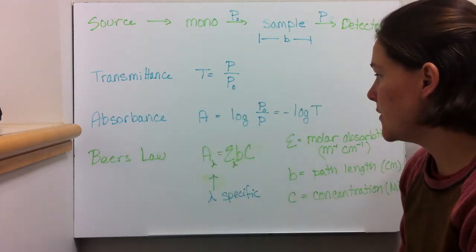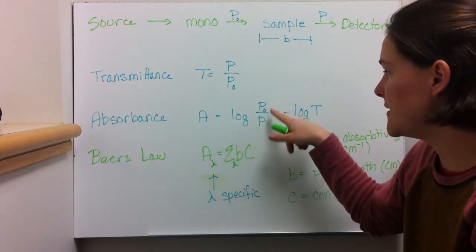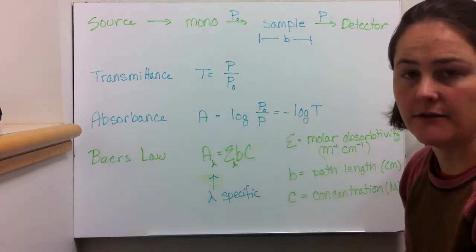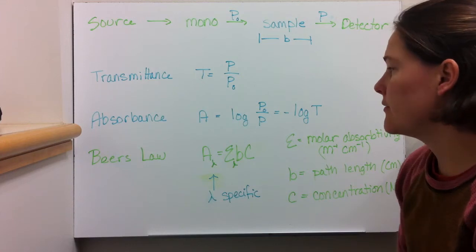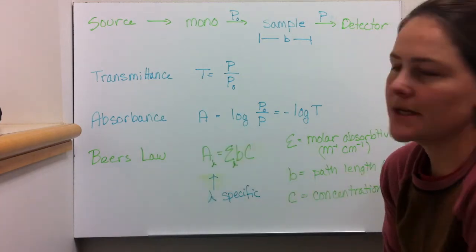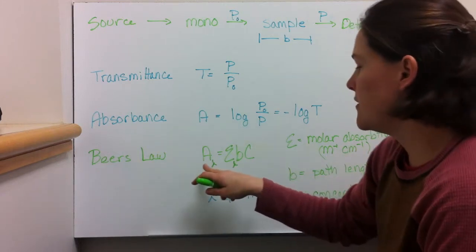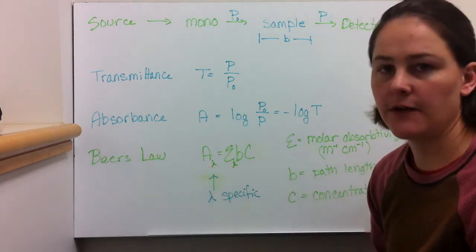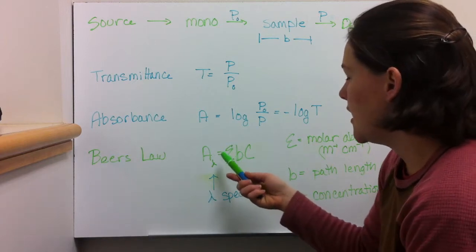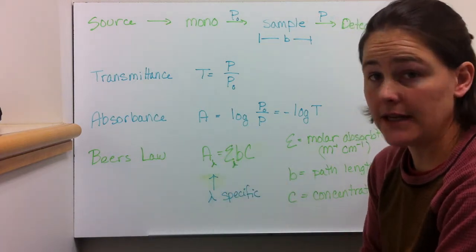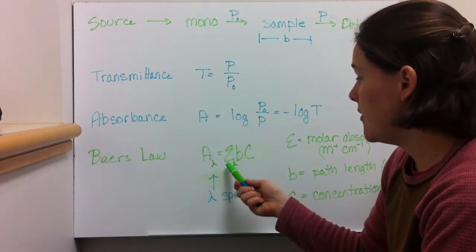Or we can talk about the absorbance, which is basically the log of P0 over P, which is negative log of T. And the reason we like to think about absorbance is because Beer's law shows that the absorbance at a specific wavelength, lambda, is related to the concentration.